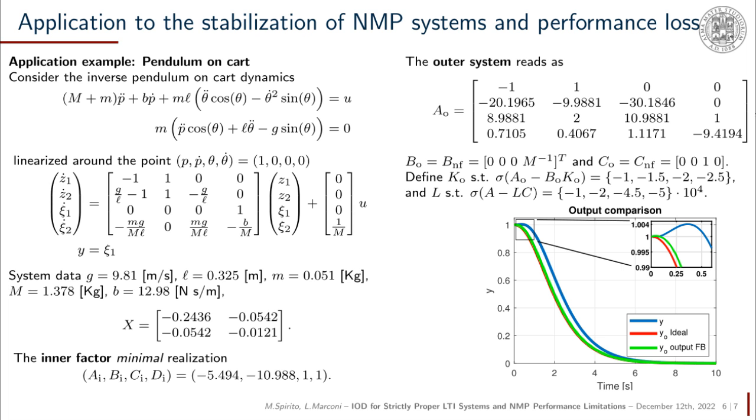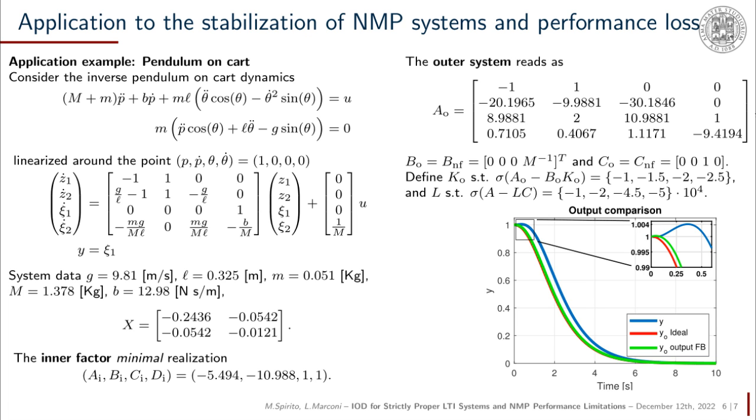We can then make an output comparison between the real plant output in blue, the ideal state feedback output of the outer dynamics in red, and the resulting output of the outer system for the case of dynamic output feedback involving also the observer dynamics.